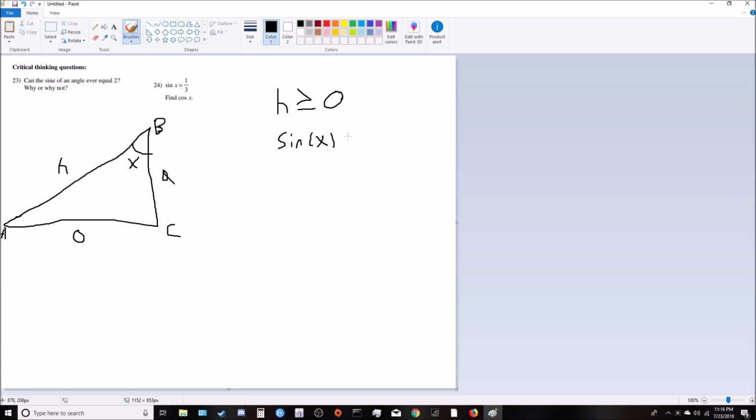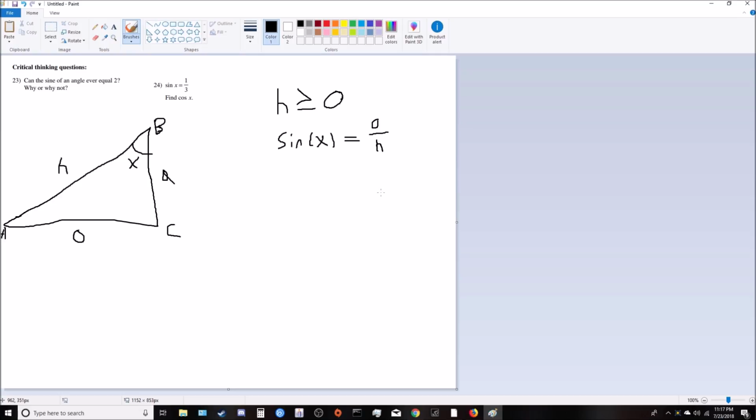the sine of any angle is equal to opposite over hypotenuse. Well, if the hypotenuse is always greater than or equal to the opposite side, then to maximize this ratio, you would want the opposite side to be as long as possible, and the hypotenuse to be as small as possible, so you can get the largest result from this.